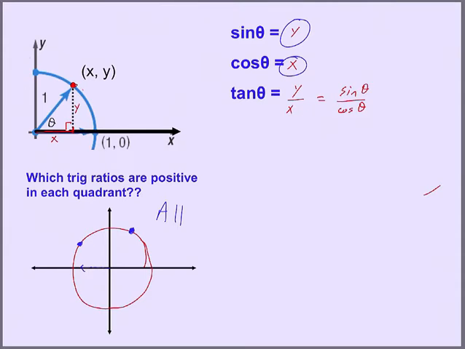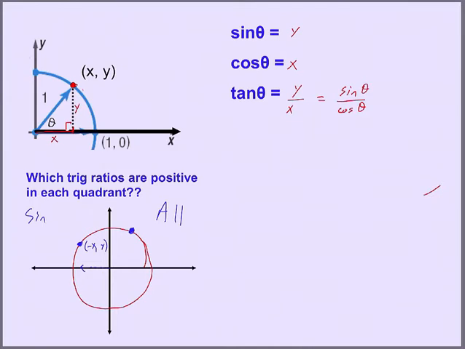The x values are negative, the y values are positive in the second quadrant, which means the sine is positive, but the cosine is negative. And since the tangent is the fraction of sine over cosine, or y over x, if one of them is positive and the other is negative, tangent will be negative in the second quadrant also.